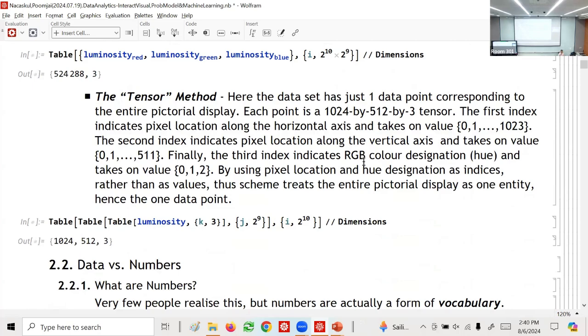Now, the way you actually work is you actually have what's called a tensor. Basically, if you remember high school algebra, you have a matrix, right? A matrix is just a rectangular array of numbers. What's important is that the dimension defines the class of matrix.